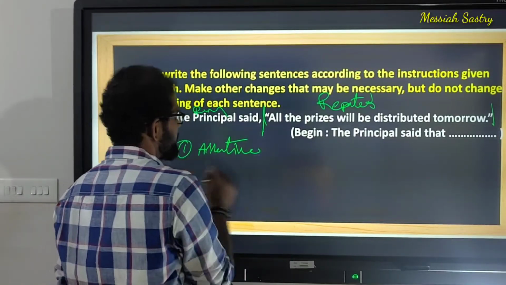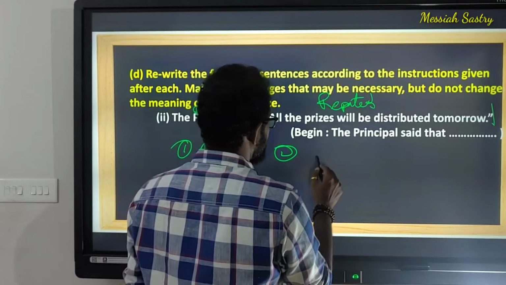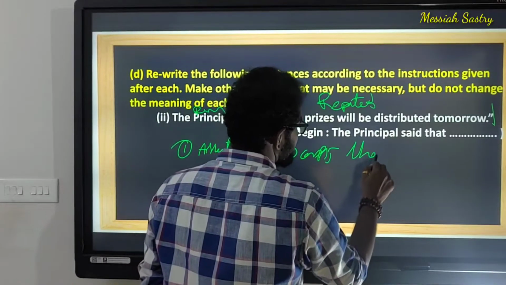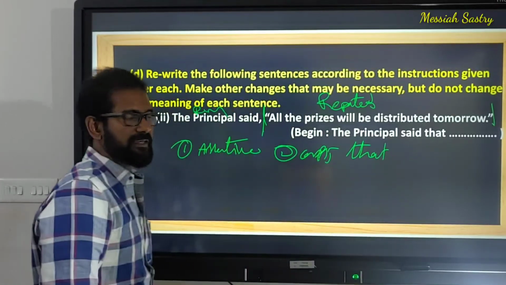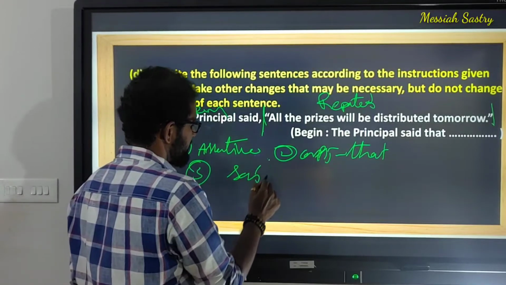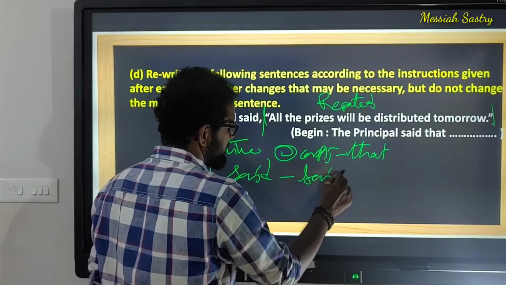First point: if it is an assertive sentence, what conjunction must be used? The conjunction must be "that." Third point: said is supposed to be said.